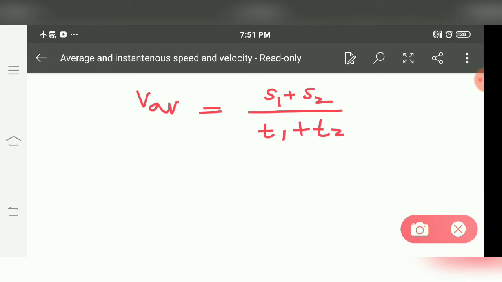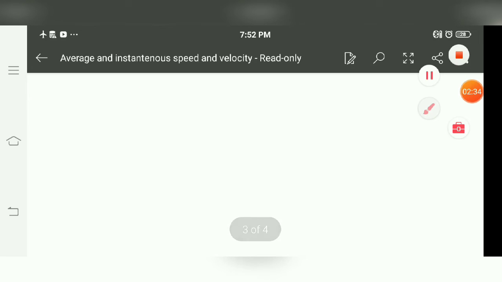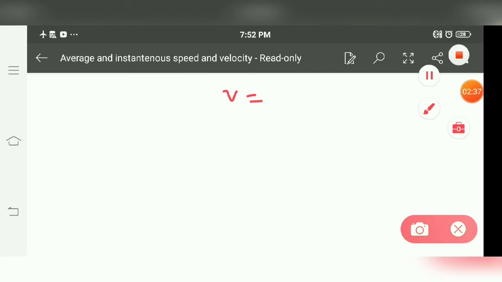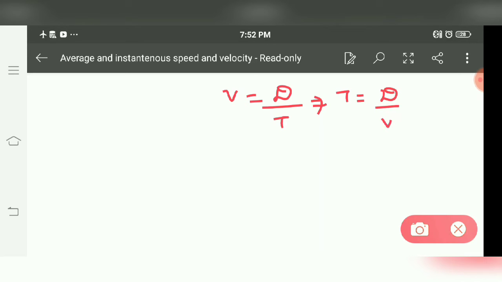Now if we don't know the value of time, but it's given that it covers distance s1 with velocity v1 and distance s2 with velocity v2, in that case we can replace time with velocity. How? We know that speed is equal to distance upon time, so time is equal to distance upon velocity.